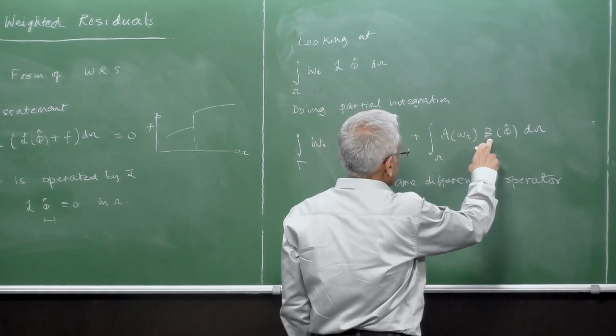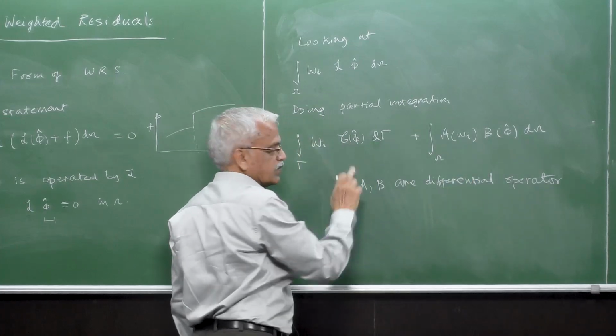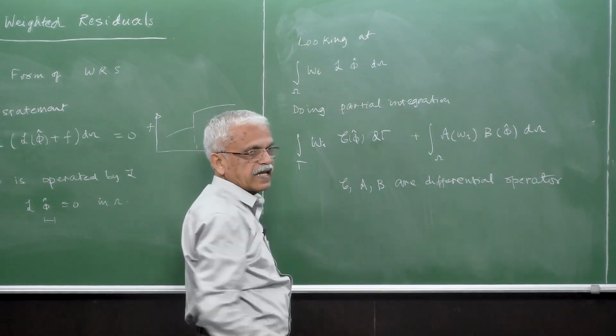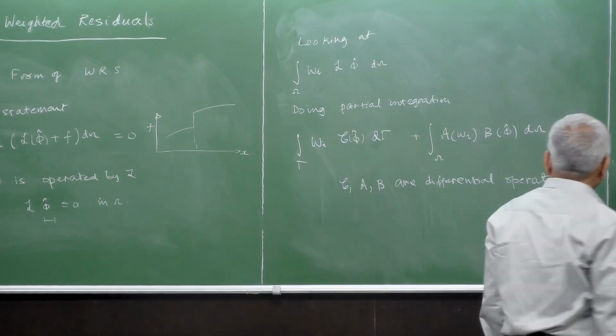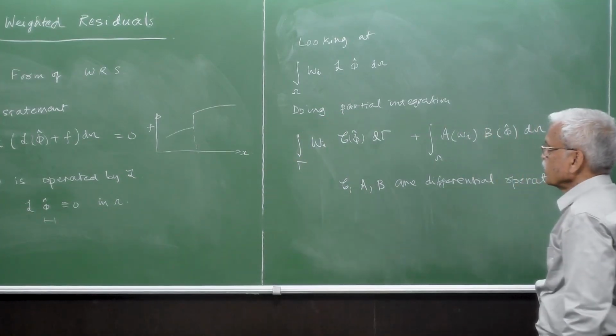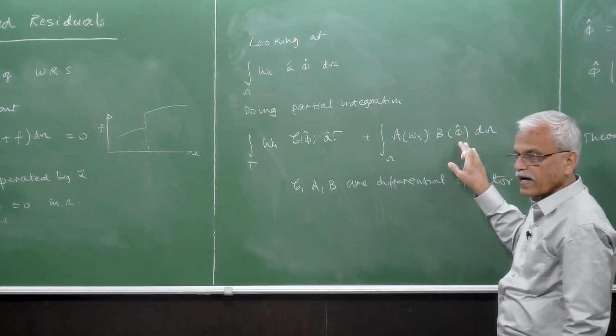The derivative will be less. So B as well as C are lower than L here. Okay, so as you can immediately observe, this is fine, but this is the one where we need to integrate phi hat.